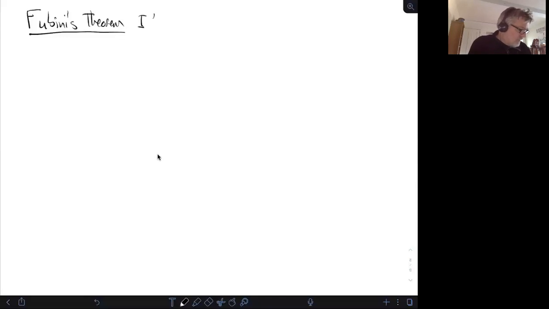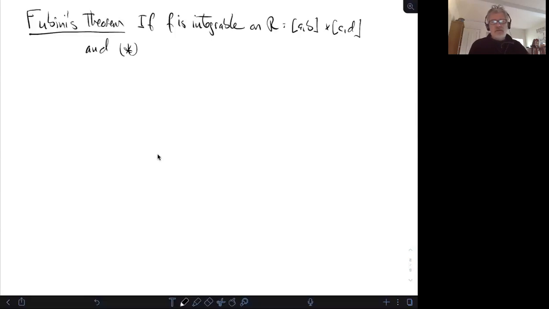So if f is integrable on the rectangle [a,b] times [c,d], and I'm going to add a star here because we need some extra conditions, which I'm not going to talk about directly, but they are there.